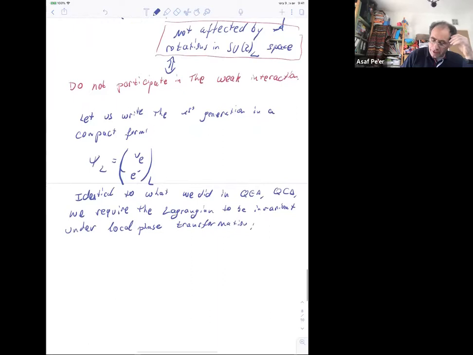You have the form psi goes to psi prime, which is e to the i g weak, the coupling, and then tau dot chi, times psi.